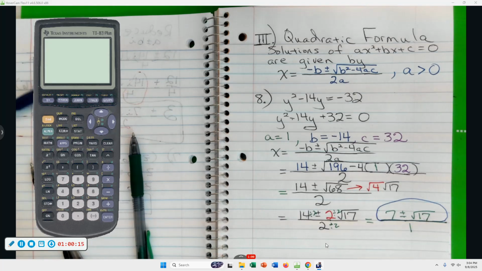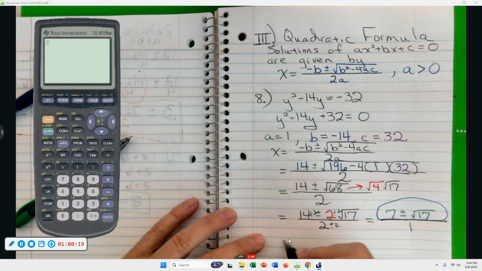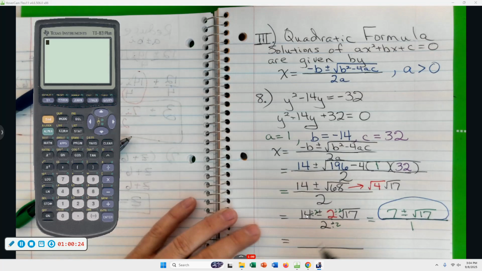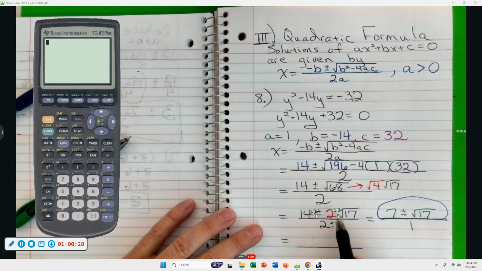I know Tony likes just going divided, divided, divided, but maybe I should show you my thought process. We said 14, 2, and 2 are all divisible by 2.